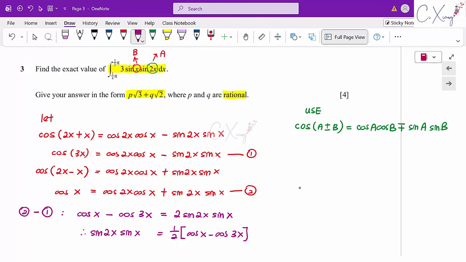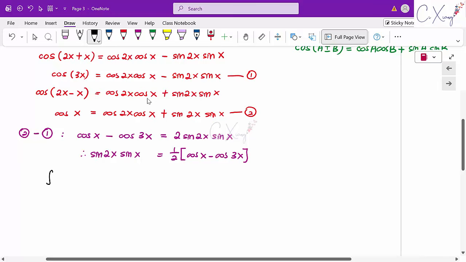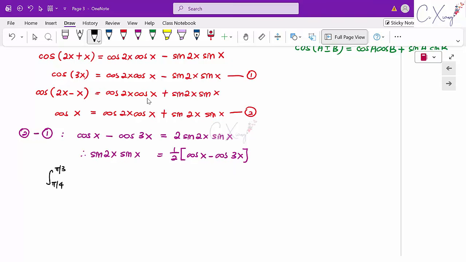All right. Okay, so let us copy the question now. I want to integrate from pi over 3 on top to pi over 4 at the bottom, 3 sine 2x sine x. So first of all, I take out all the constants here. 3 is a constant, I take it out.